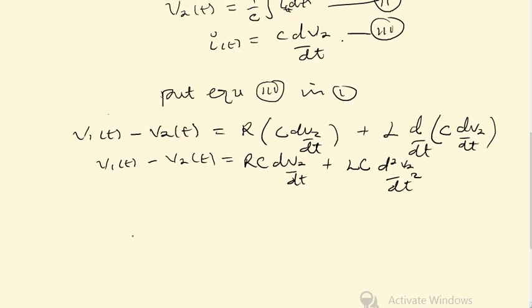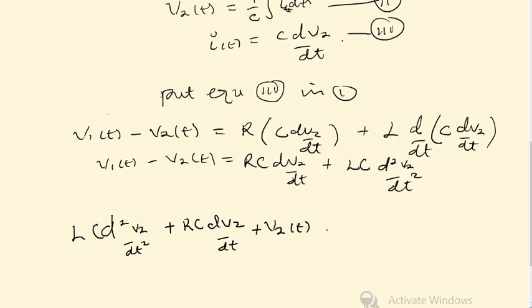So from here we can arrange the equation in ascending order. We can say LC d squared v2/dt squared, plus RC dv2/dt, plus v2(t) is equal to v1(t).